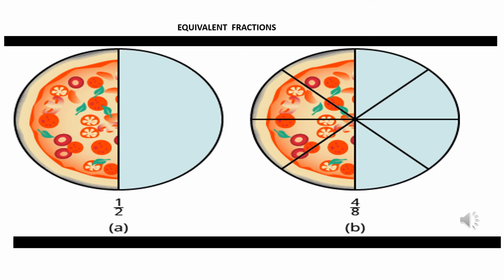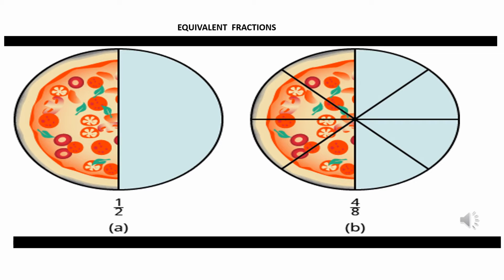Okay, so 2 by 8, if you divide both numerator and denominator by 2, you will get 1 by 4. So 1 by 4 is an equivalent fraction of 2 by 8.